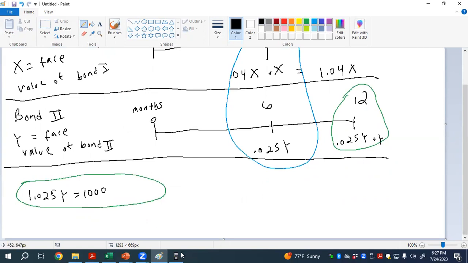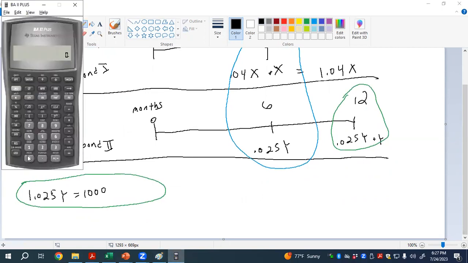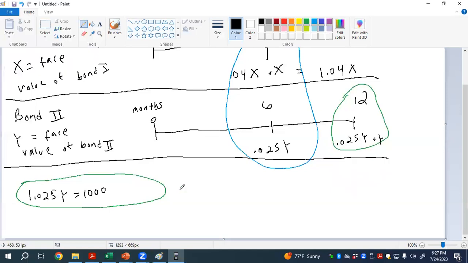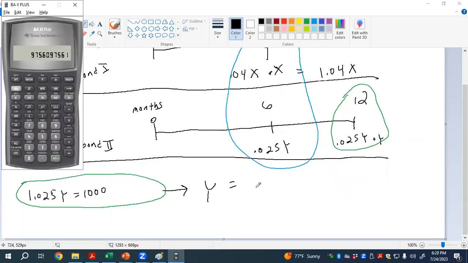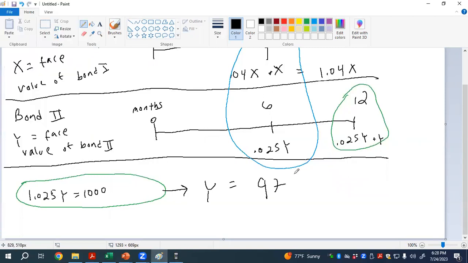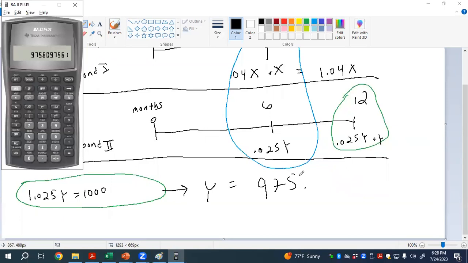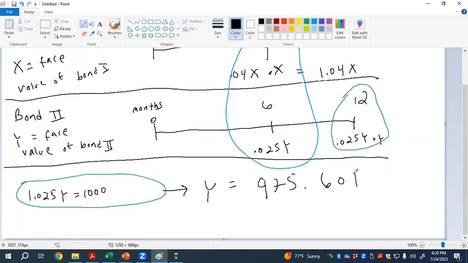So this is straightforward. 1,000 over 1.025, so we get y equals 975.609.